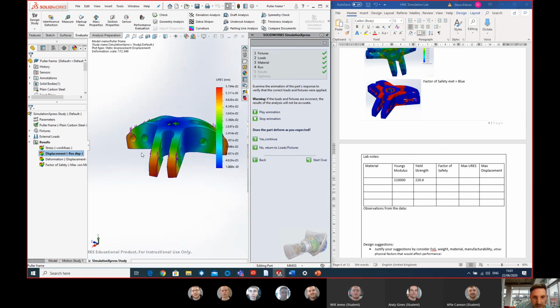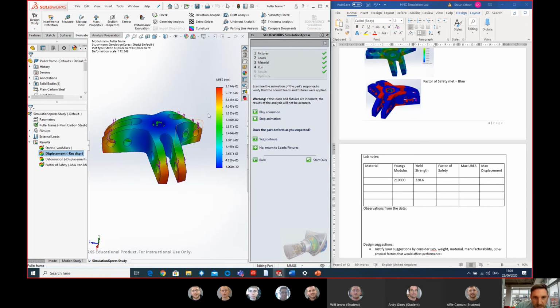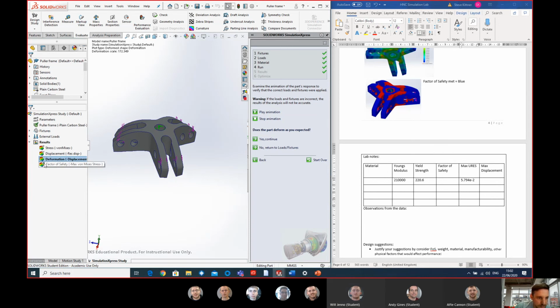Let's look at the displacement. So displacement is around, what's that, about half a micron. Let's put max URES in. There's our deformation.